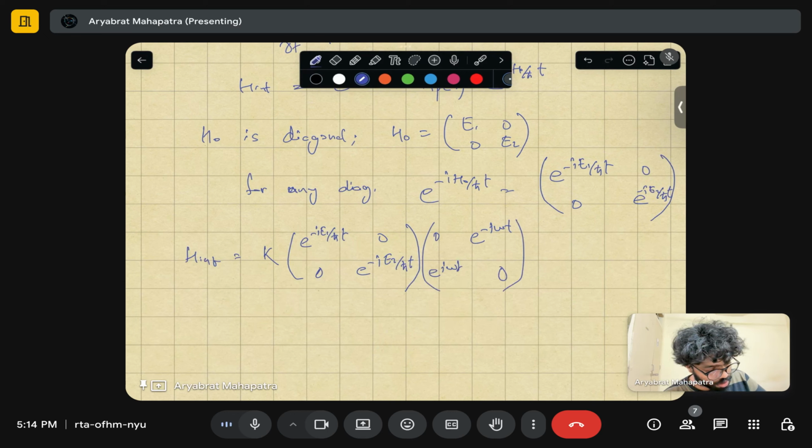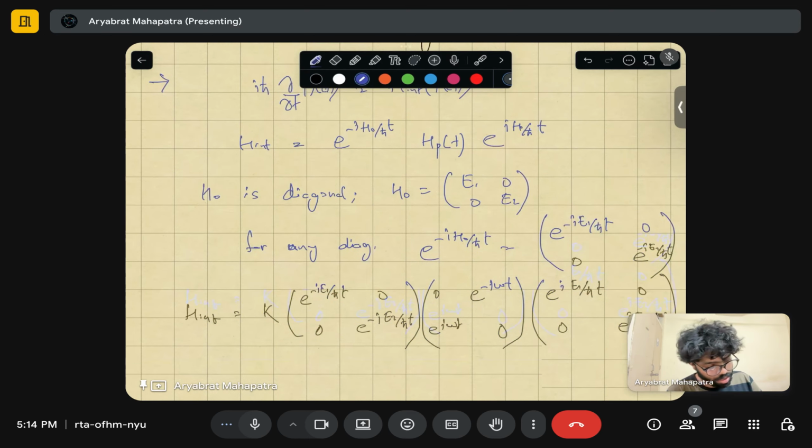Then you also have the other, which will be exponential of i e1 over h bar t, 0, 0, exponential of i e2 over h bar t, right?